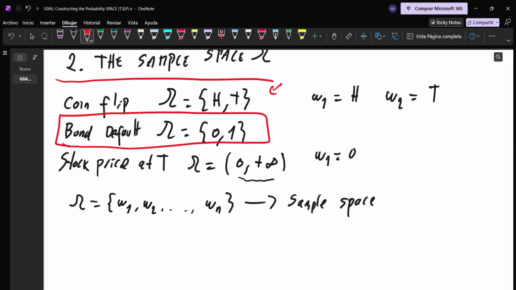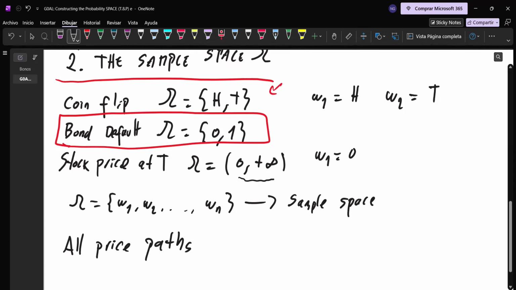And I have a very good example to say we must be careful with this construction. For example, I try to explain all price paths of a stock.